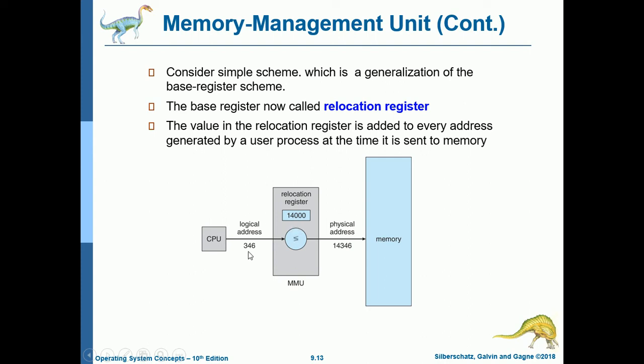The logical address is 346, so the memory management unit just adds the value of the relocation register, 14000, and we get 14346. This will be the actual physical address in memory. That is how the memory management unit maps the logical address from the CPU to its corresponding physical address in the main memory.